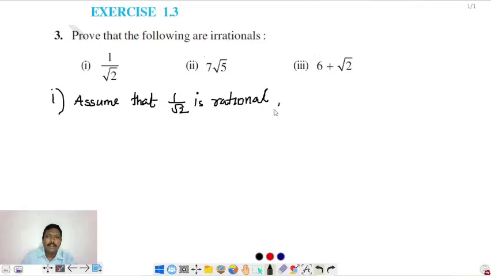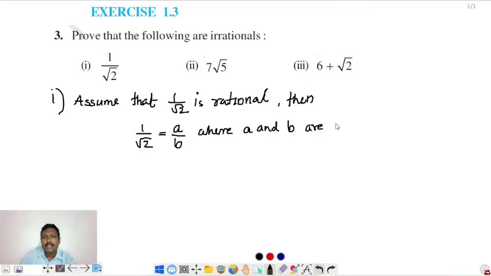Then we can write this in the p by q form, that is 1 divided by root 2 is equal to a divided by b, where a and b are coprime. Coprime means in the simplest form or the lowest form. So 1 by root 2 is equal to a divided by b, where a and b are coprime.